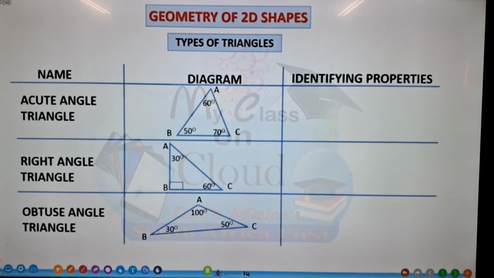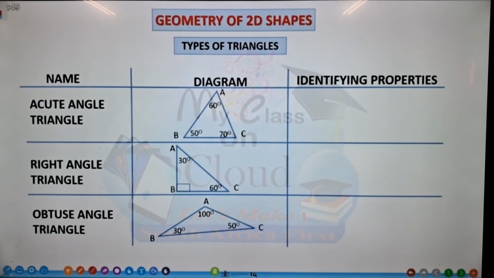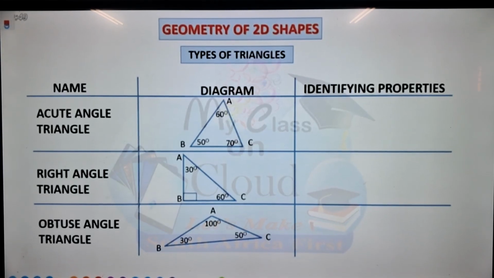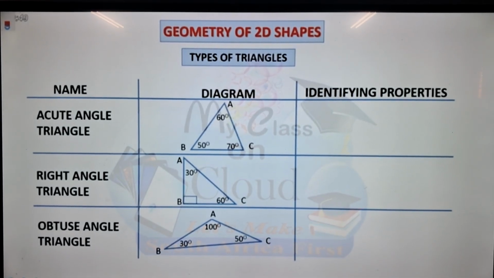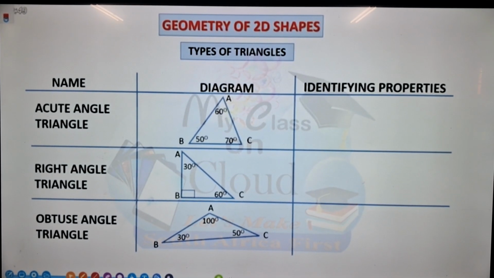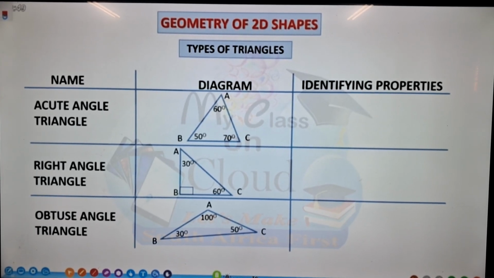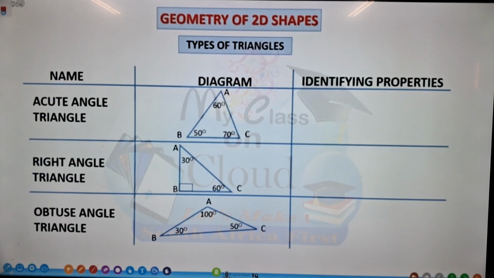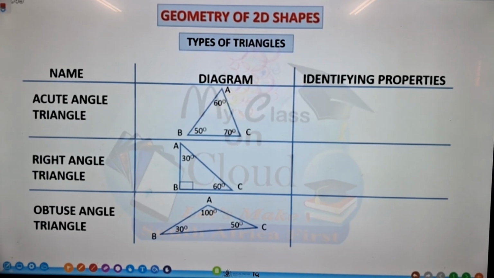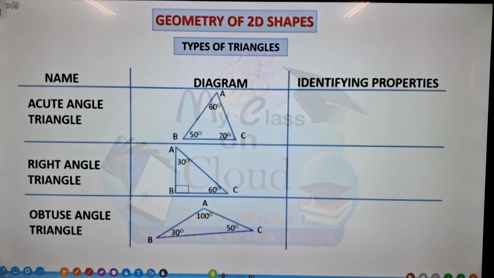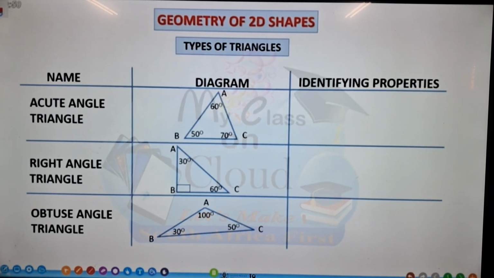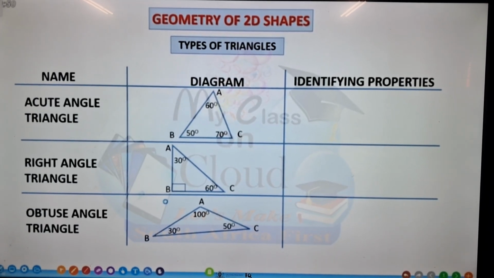Now we are going to look at the types of triangles. Remember, in our flow diagram, we have triangles, types of triangles, and then we have properties. So we are covering types of triangles and properties simultaneously in this diagram or in this table.